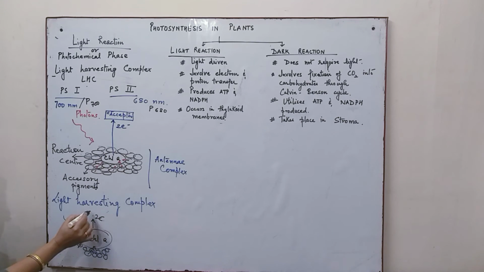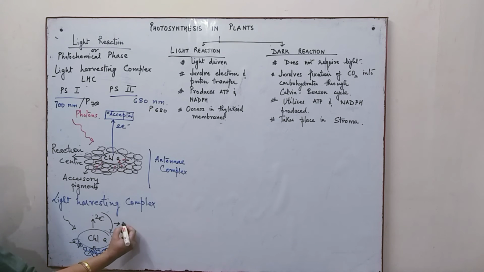Since in laboratory conditions there is no acceptor, it will return back to chlorophyll A, and while returning back it will emit energy in the form of color of a certain wavelength, and this process is known as fluorescence.